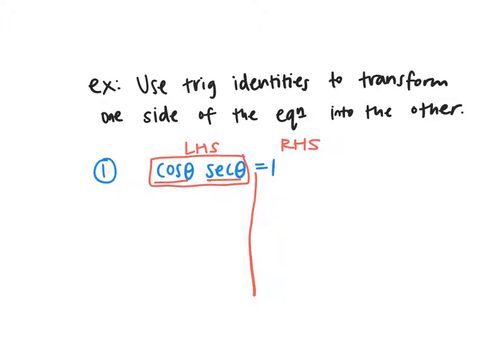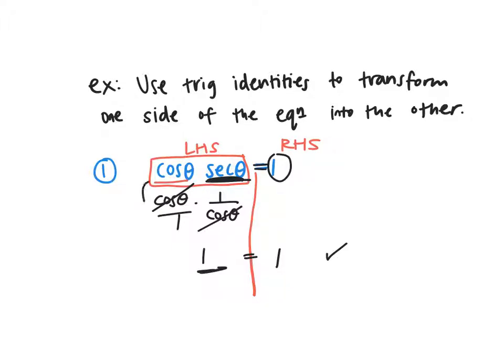You want to replace any terms with one of the identities. Secant theta I can replace with 1 over cosine theta. When I do that, the cosine thetas cancel out, and I get 1 on the left-hand side, and that matches the right-hand side. So you know that your final answer on the left-hand side is going to be 1 because we need them to equal each other. But it's the process that needs to be correct.